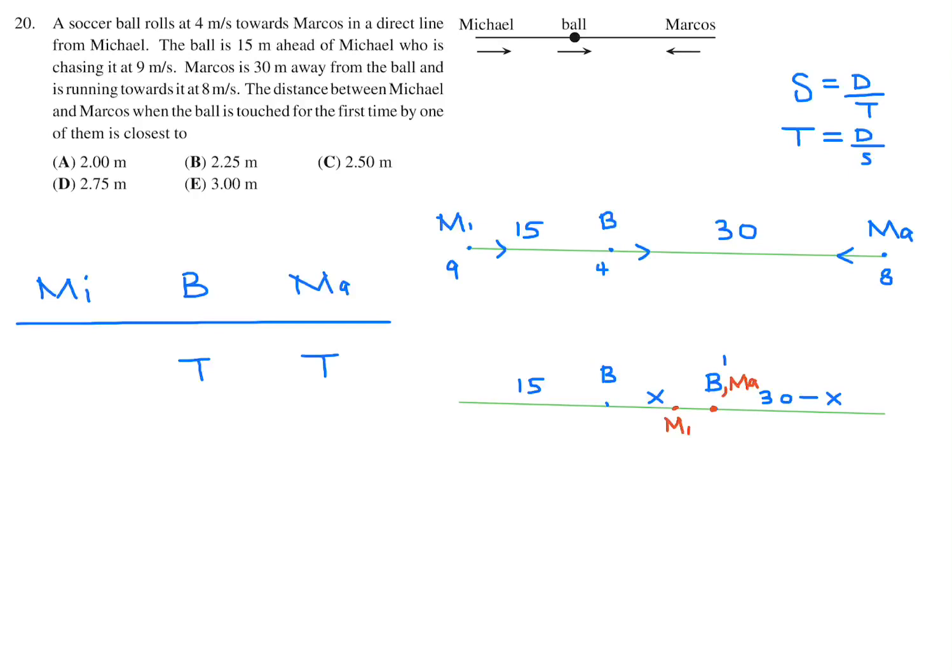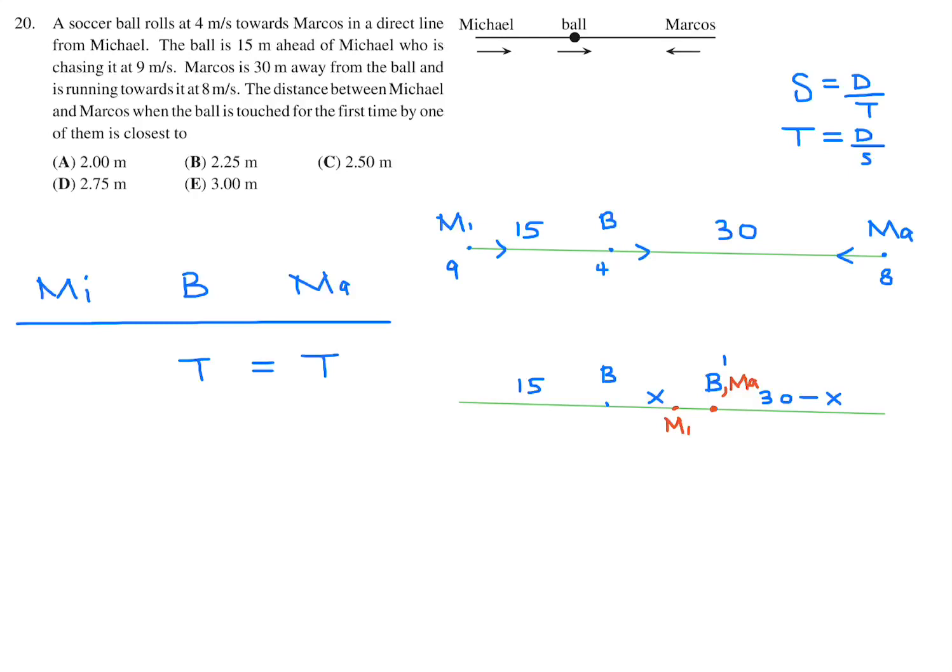In a similar way, it takes a certain amount of time for Marcos to go from here to here. But what's interesting is because they meet, that means the time for both Marcos and the ball were the same for that scenario.